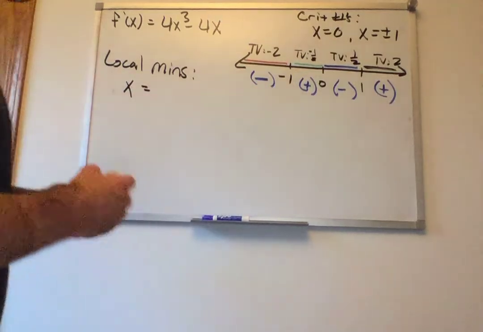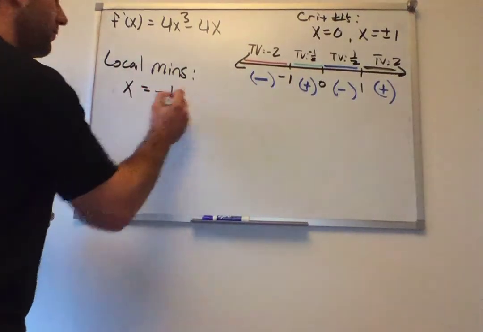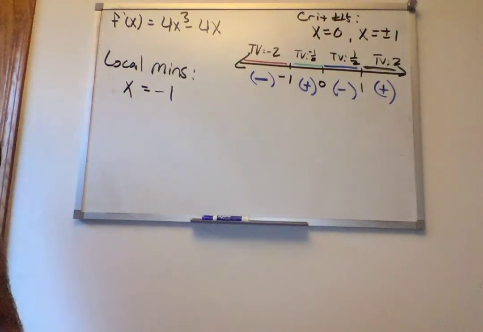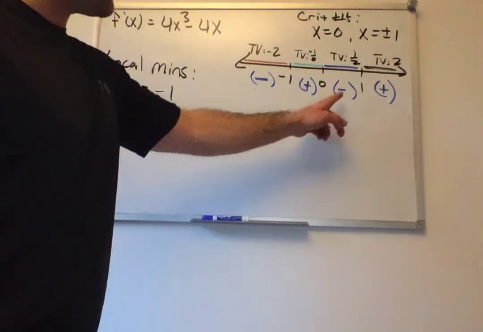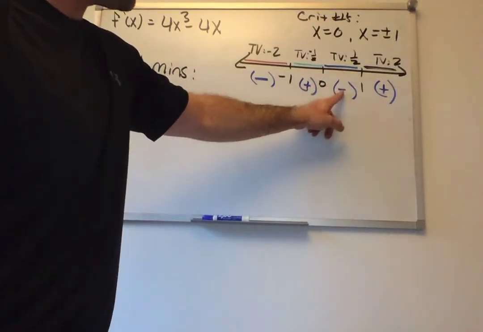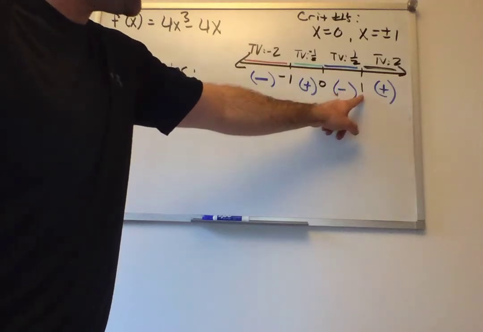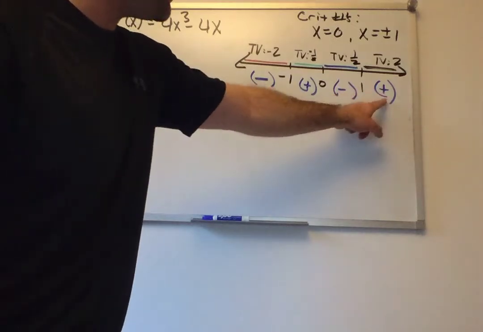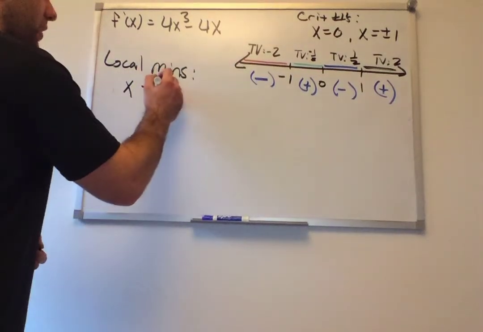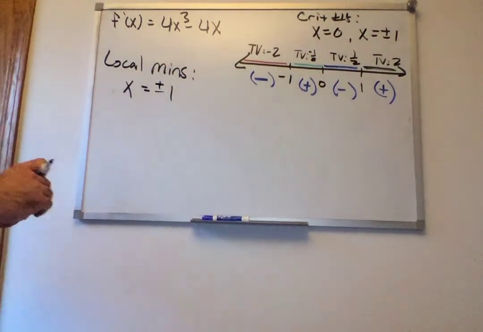So we have a local minimum there. Is there another place where it goes from negative to positive? There is another place that goes from negative to positive, right here at +1. The derivative here is negative on one side of our value C. The derivative is positive on our other value of C. So I could put a plus here, plus or -1.